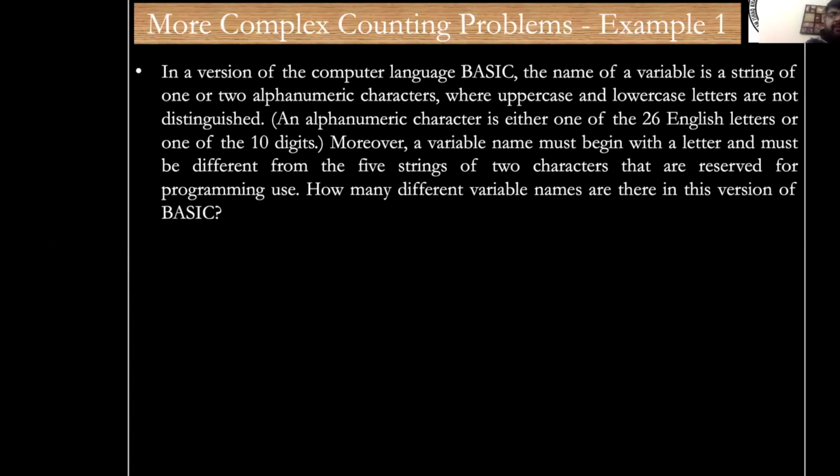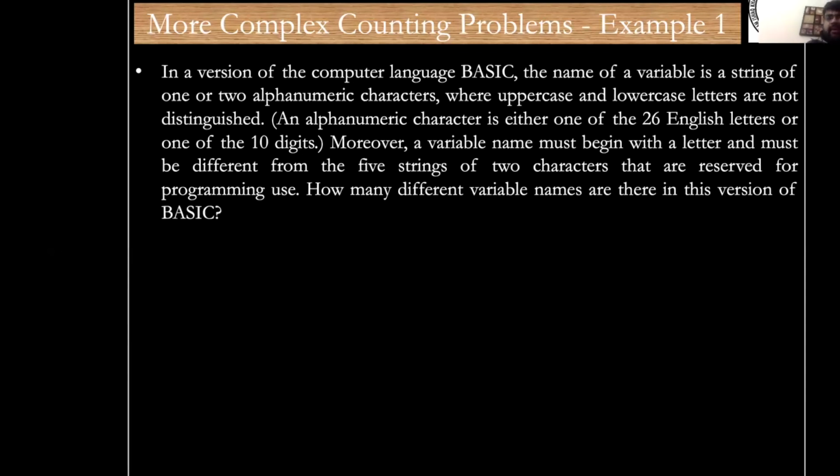So 26 multiplied by 36 different options for the string of length 2. So if I talk about strings of length 1 or 2, I've got 26 plus 26 multiplied by 36 as the total number of options that are available to name a variable.